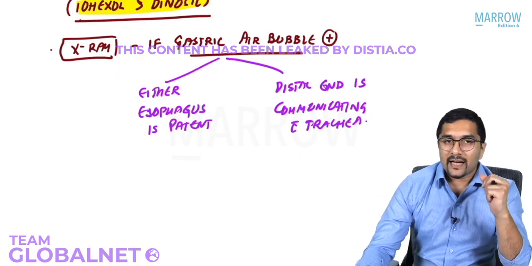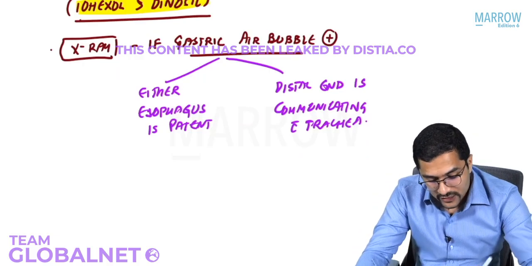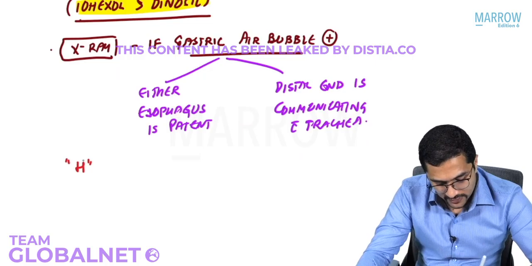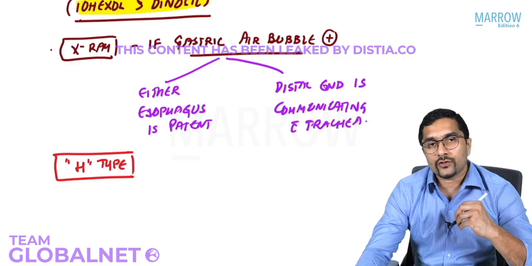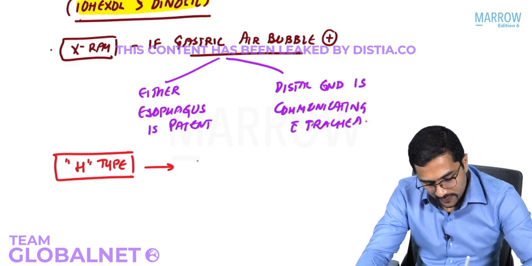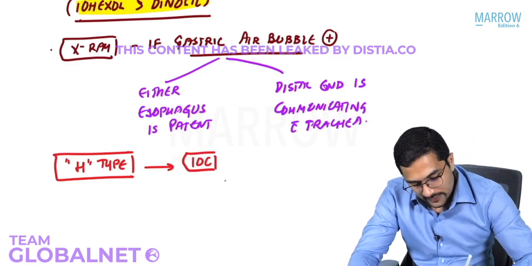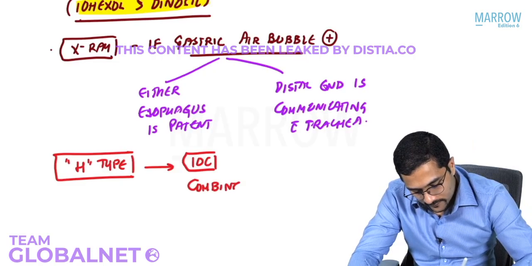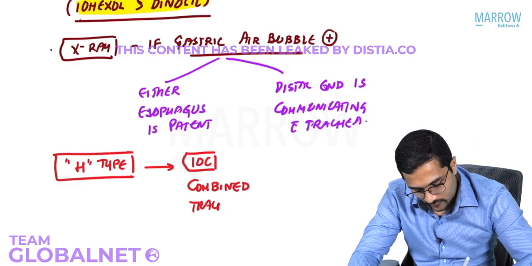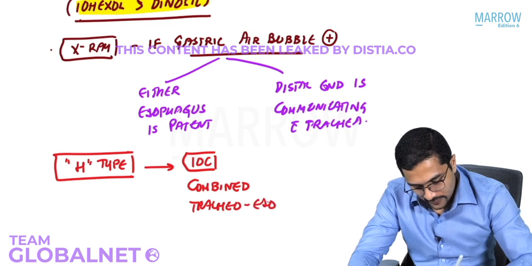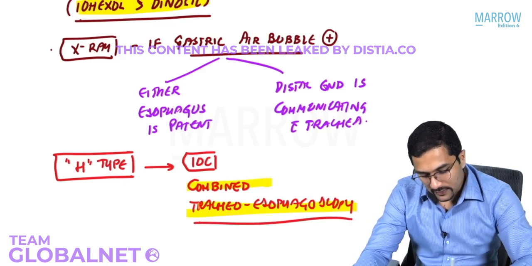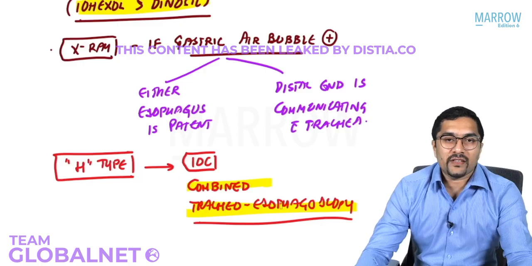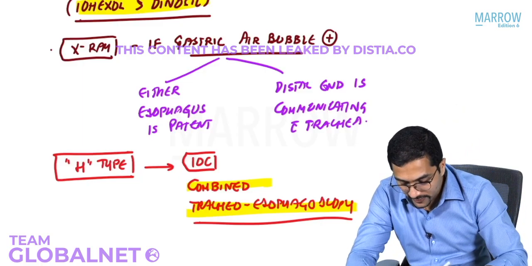Another question which has been asked in the exam, in the PGI exam 4 years back, is for the H type, what is the investigation of choice? For the H type, the investigation of choice is a combined tracheoesophagoscopy, and this will tell me that the esophagus is patent and there is a fistulous communication between the esophagus and the trachea.